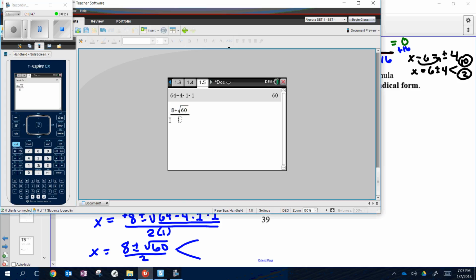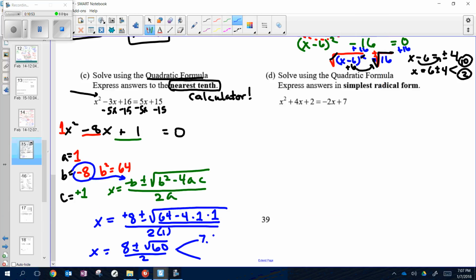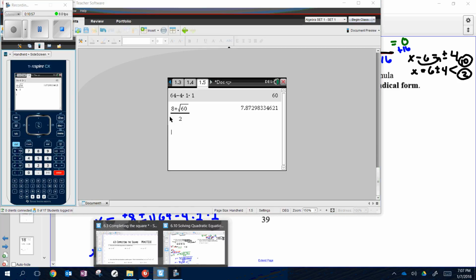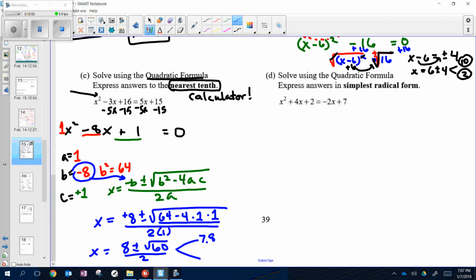Just that bottom box is a 2. Hit enter. So I'm going to write that down for now. 7.87298. And then I'm going to look at the nearest tenth. That's a tenths place, so it's going to be rounded up to 7.9.